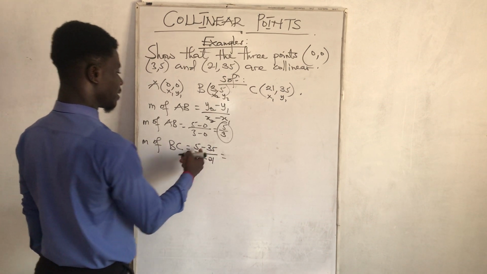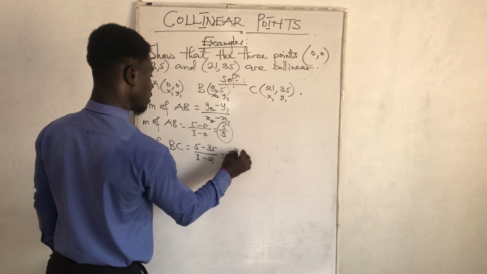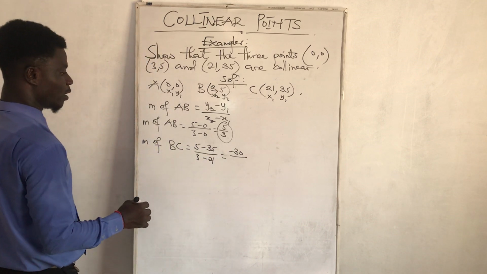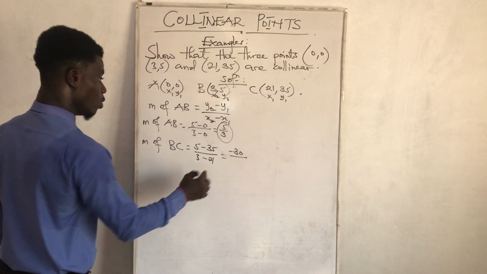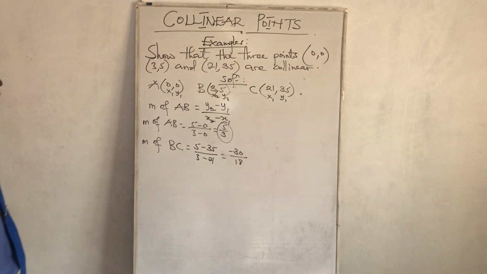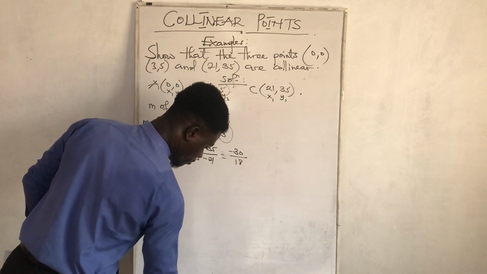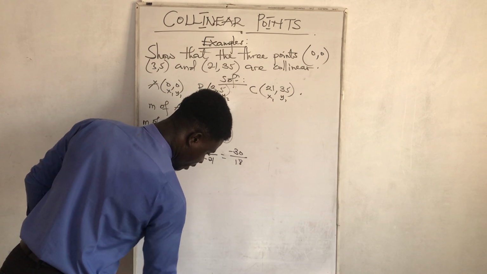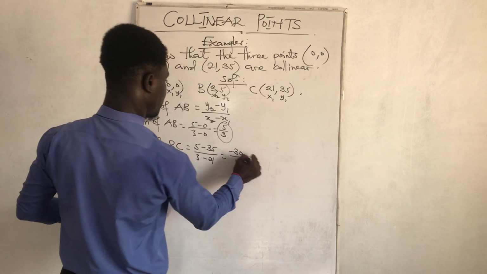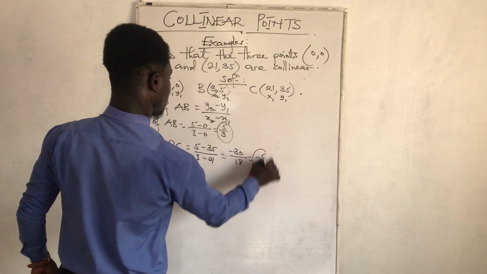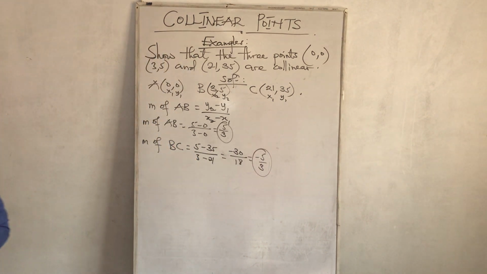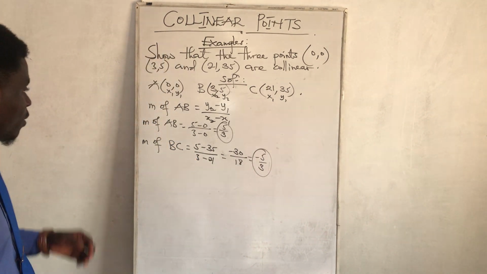So 5 minus 35 gives minus 30, all over 3 minus 21, which gives 18. So minus 30 over 18, which is minus 5 on 3.